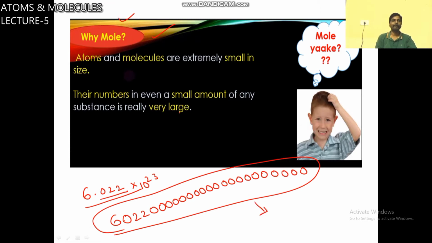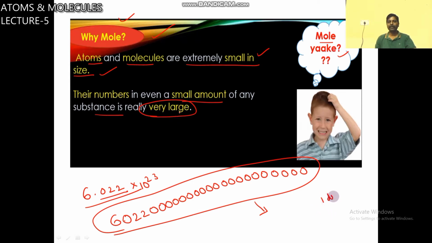Why mole? Atoms and molecules are extremely small in size. Their numbers in even a small amount of any substance are really very large. Take 1 drop of water: it contains more than these many molecules.